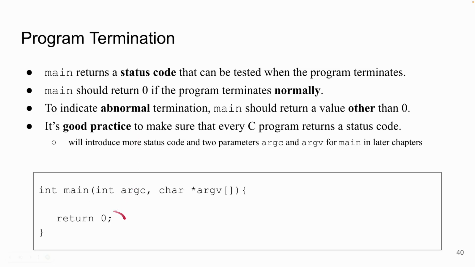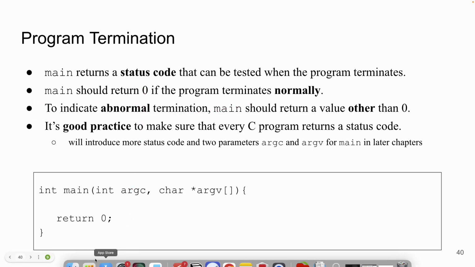Actually, the value of 0 here has some meaning to our computer. The value main returns is called the status code. The status code will be tested by our computer when the program ends. If a program terminates normally, main will return 0, just like we have put here.